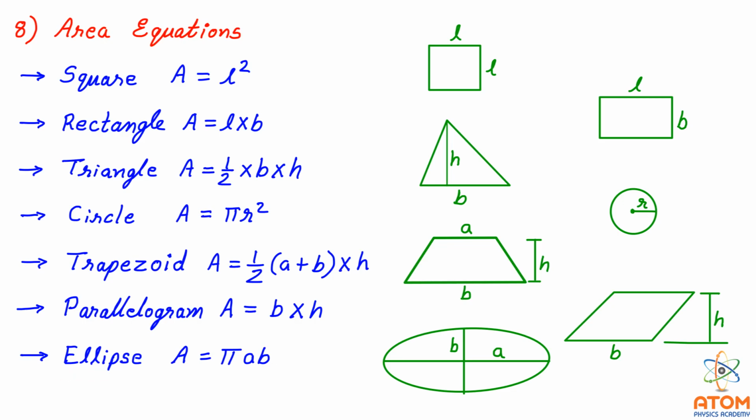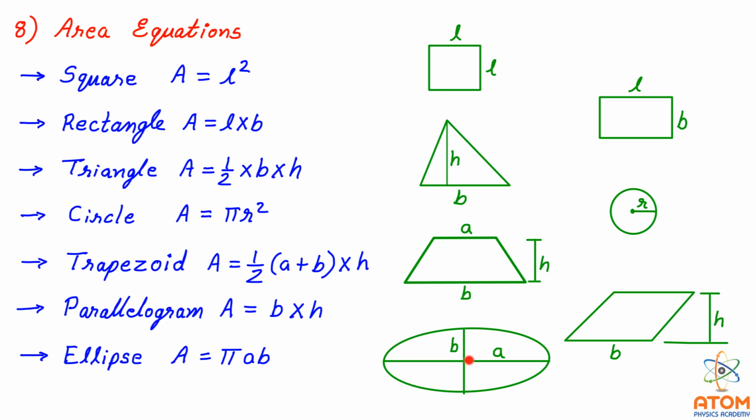For ellipse, A is equal to pi AB. Area is pi AB. First of all, see this is ellipse. This axis is known as major axis and this axis is known as minor axis.